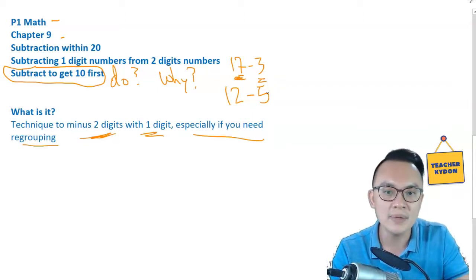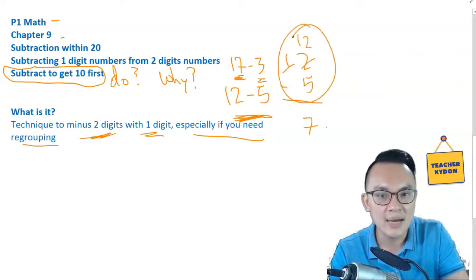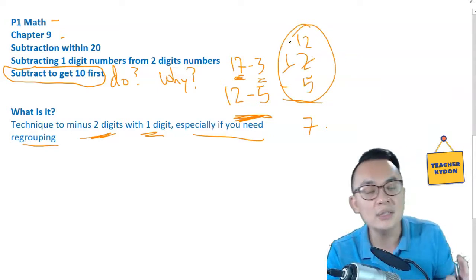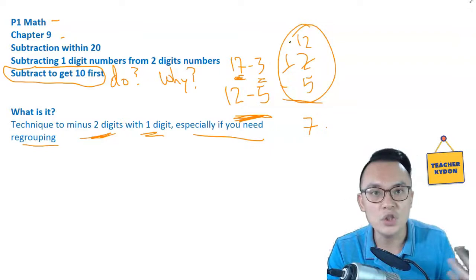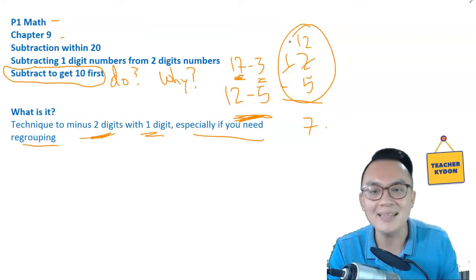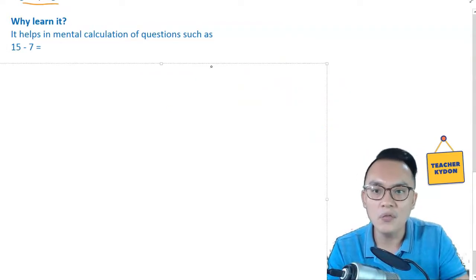What regrouping means is this kind of numbers where, if you do 12 minus 5, I cannot take 2 minus 5, so I must regroup the 12 and then minus 5 and get 7. This kind is especially important when they are trying to teach you subtract to get 10 first. I think this is more for parents.